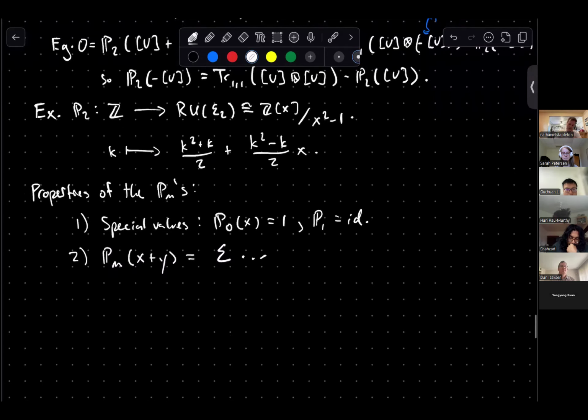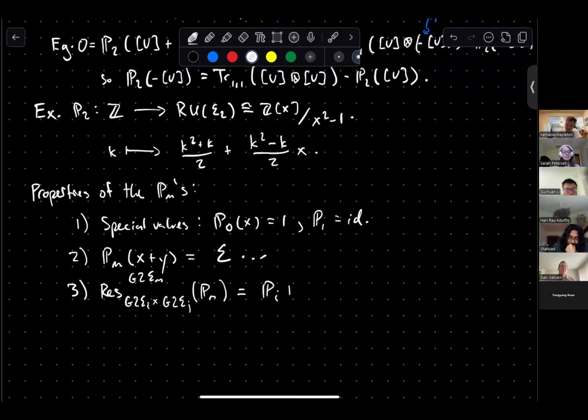And the third property is that if I take PM and I restrict it along the inclusion of G wreath sigma I times G wreath sigma J into G wreath sigma M, where M is I plus J, what I get is PI box times PJ.